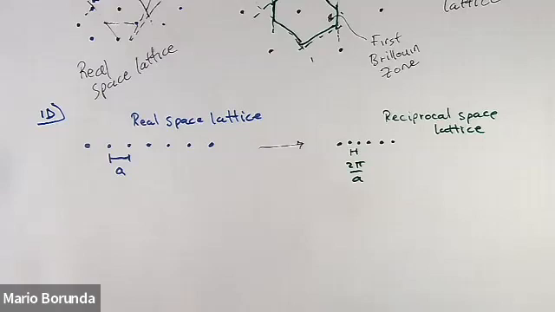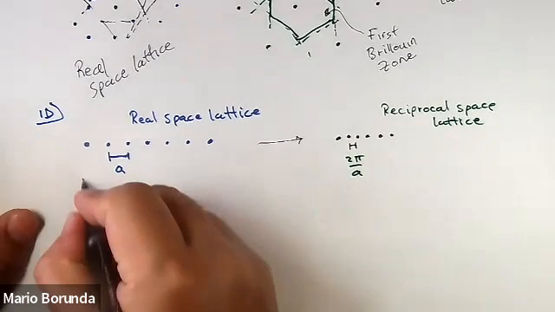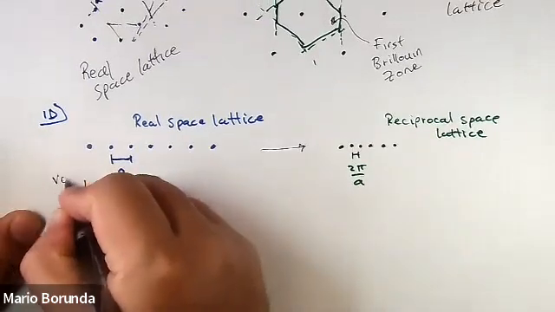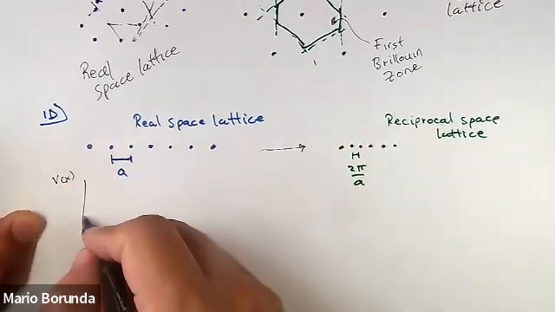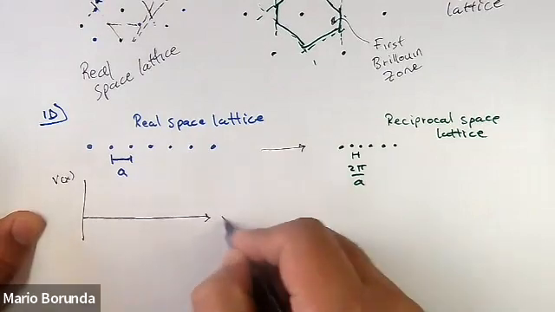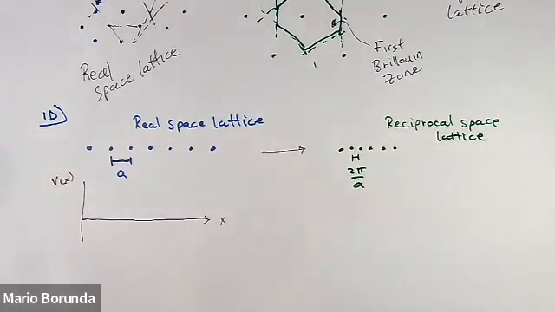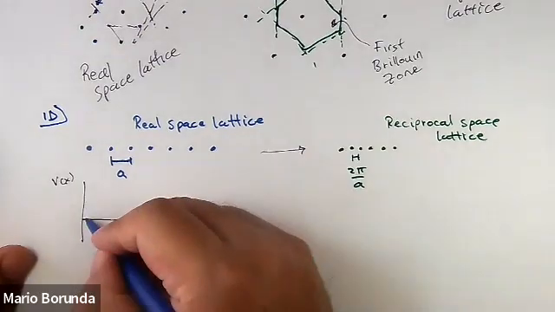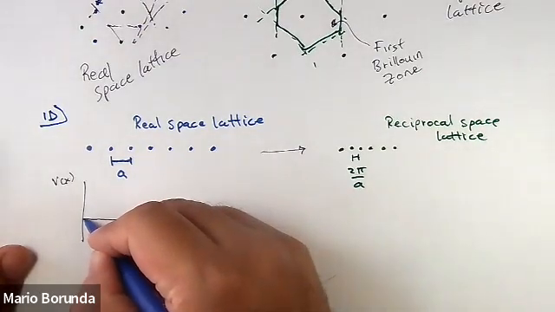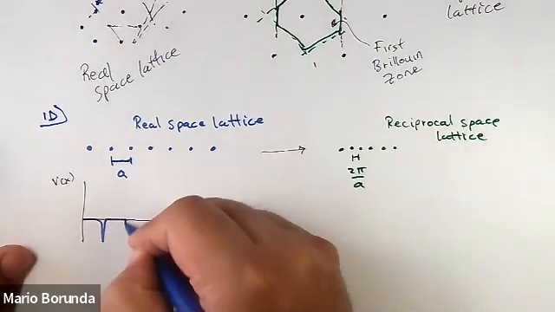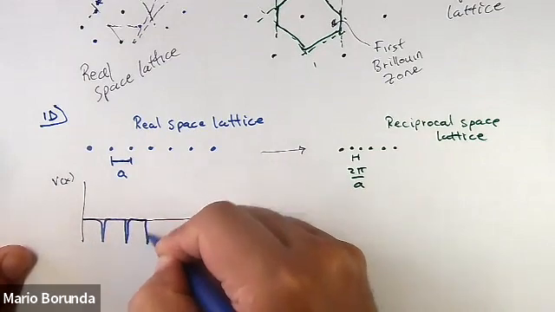And these atoms are going to make such that you have a potential, this is your X direction. And your potential is going to be such that we have an attractive potential with a distance A between them.